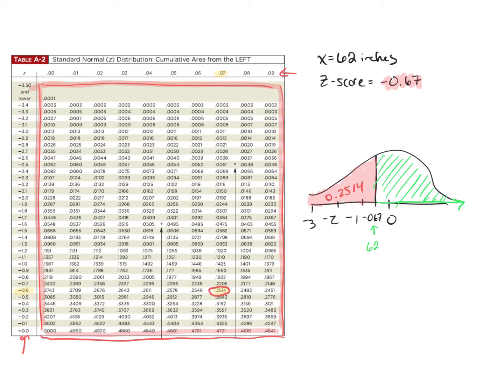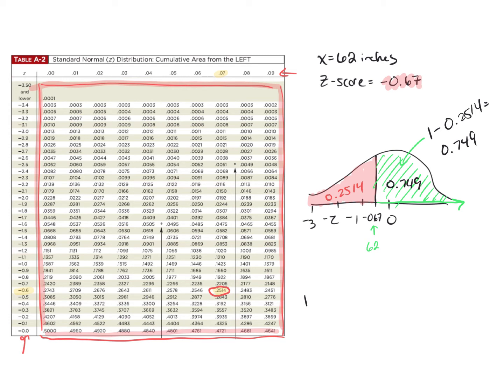So to find the area to the right of that z-score, you simply take 1 and subtract the area to the left. So that's 1 minus 0.2514, which gives me an area of 0.7486. And areas under the curve correspond with probabilities.